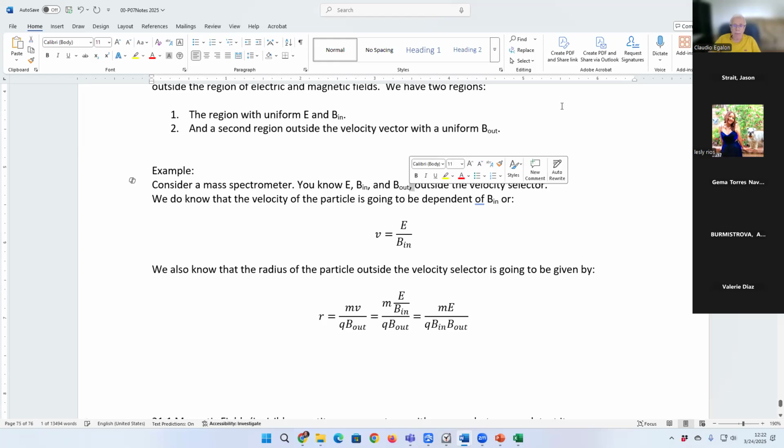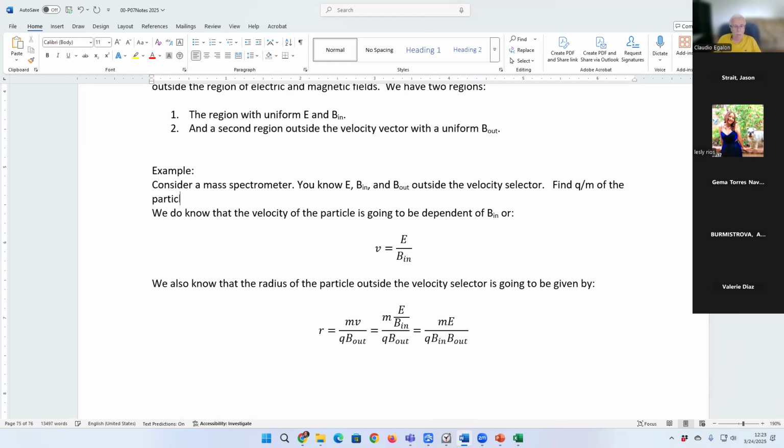Find Q over M, the ratio of the charge and the mass of the particle. That's what we want. That's what the mass spectrometer provides us.